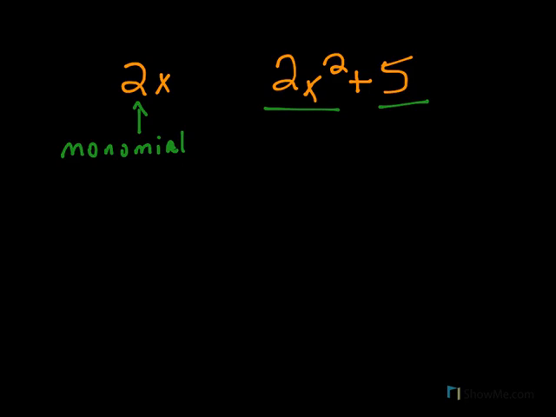Those are not like terms, so those are two different terms. Because you have two terms, this is called a binomial. Bi comes from two. If you had three terms, and we're going to see one of those later on, it's called a trinomial, and with more than three, for generalizing, we just call it a polynomial. That's what multiplying polynomials is about.